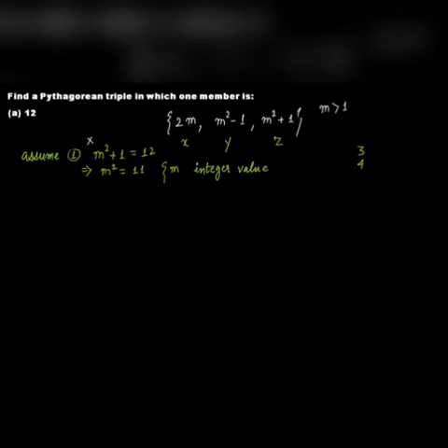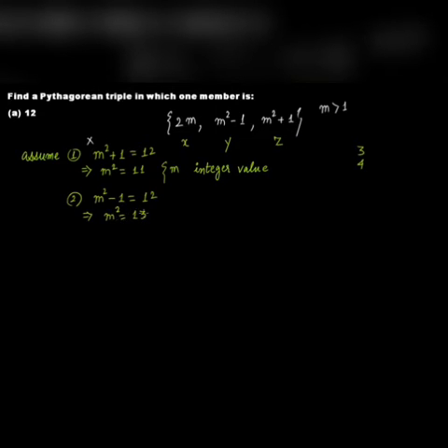Let's take the next assumption, that this 12 is actually y. It means that m squared minus 1 should be equal to 12. From here, you get m squared is equal to 13. Now if you put m is equal to 3, you get 9, because 3 squared is 9.